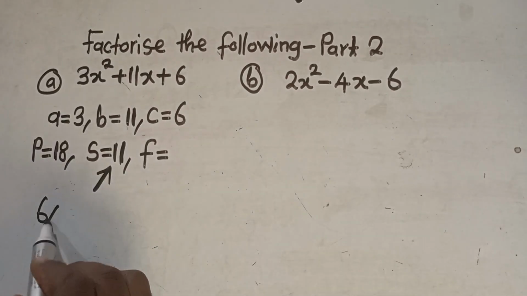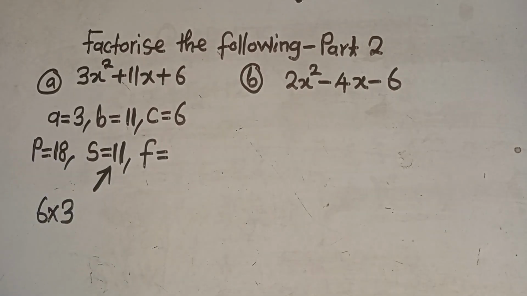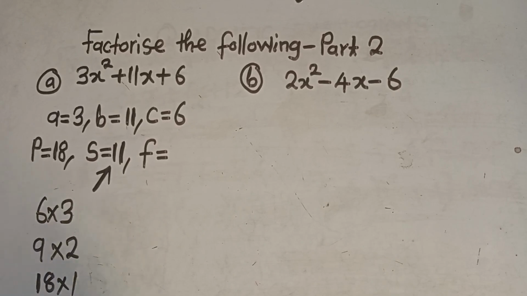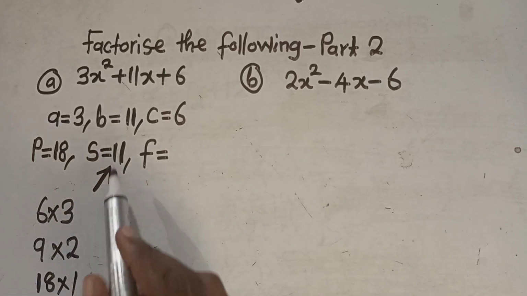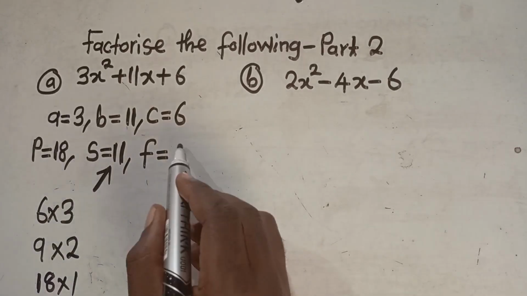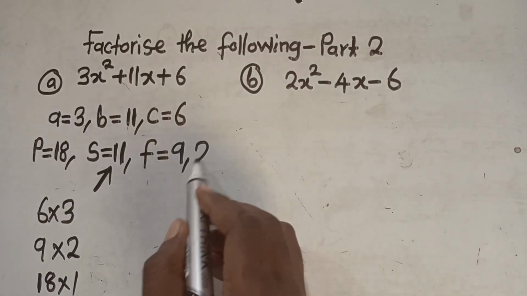We've got 6 times 3, we can get 18. We've got 9 times 2, we can get 18. We also have 18 times 1. You think through all of these. If you add them, which one will give you 11? It is just 9 and 2.